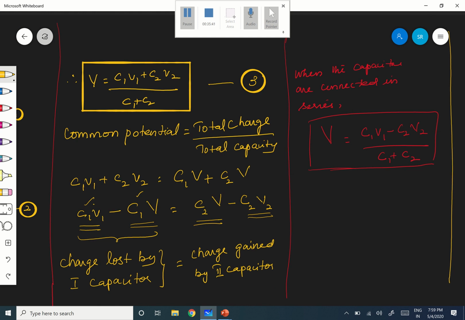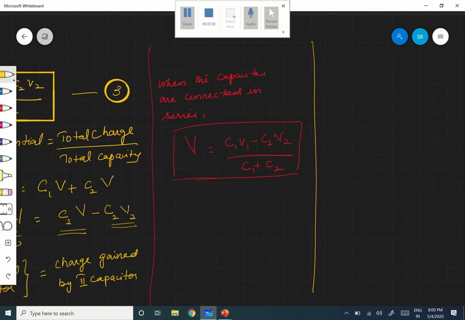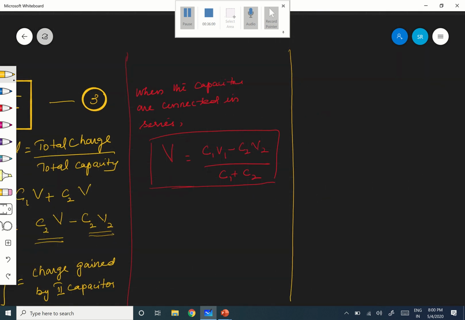When both are put together, the charge is the same only. There is no net loss in the charge due to sharing. But now we are going to see, when the two capacitors are connected, what happens? There is no loss of charge on sharing, but there is some loss of energy.